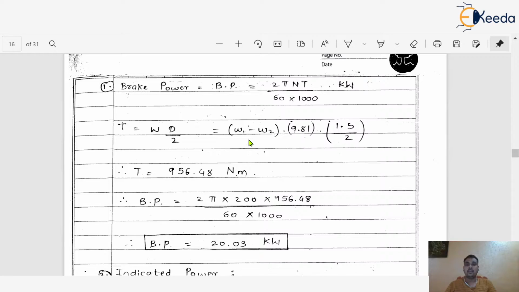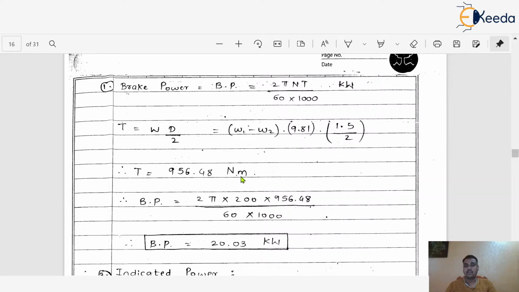Because two loads are given, 150 minus 20, it will come 130 into 9.81. This 9.81 is required to convert kg into Newton, and we will get the load in terms of Newton itself, and multiply by D by 2, that is nothing but the radius. So put all the values, and finally we can get the torque equal to 956.48 Newton meter.